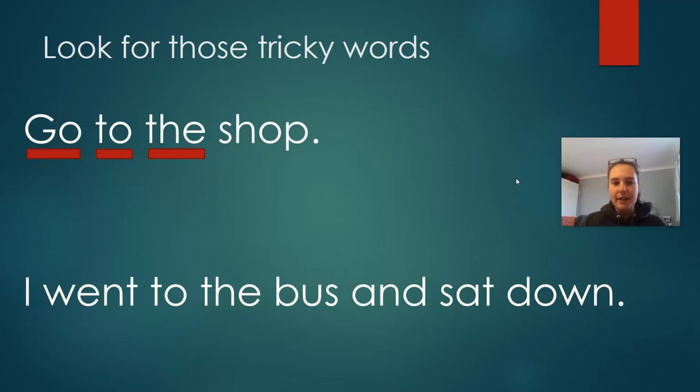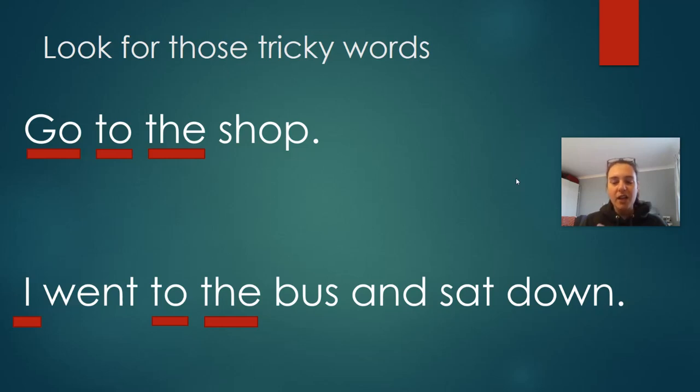Let's have a look at the next sentence. We'll read it together. I went to the bus and sat down. Now, can you spot the tricky words that are in that sentence? Let's have a look. We've got I, to, the, and that is all of them.